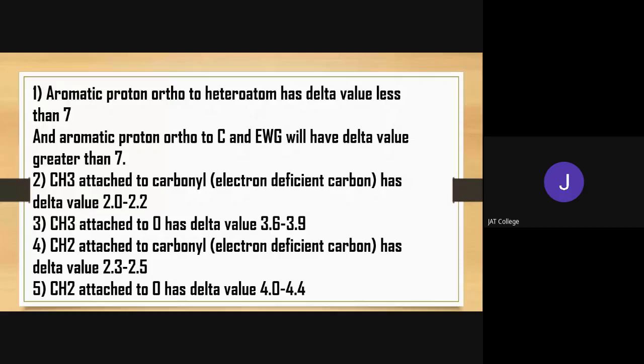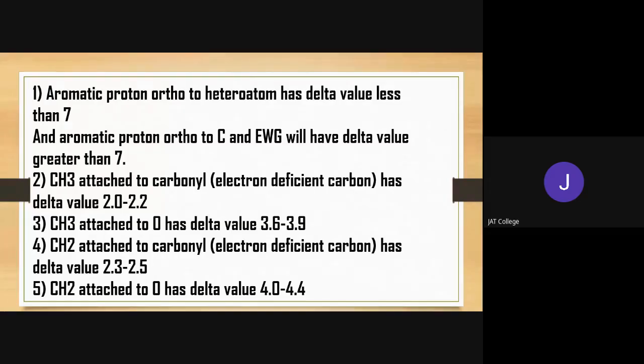CH3 attached to oxygen has the delta value 3.6 to 3.9. CH2 attached to carbonyl or electron deficient carbon has the delta value 2.3 to 2.5. And last one, very important, CH2 attached to oxygen has the delta value 4 to 4.4.